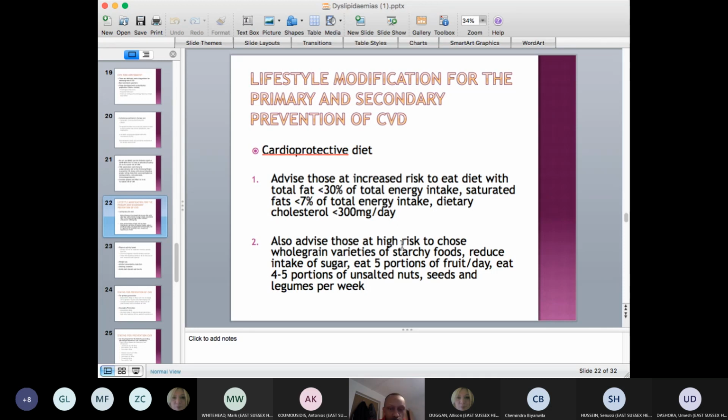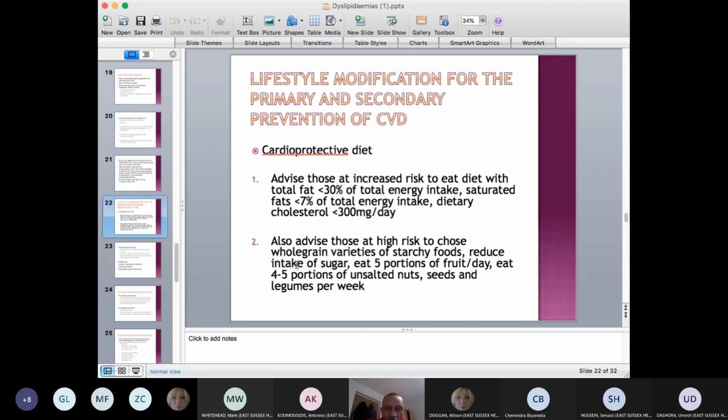You also advise an increased intake of whole grain varieties like starchy foods, reduced sugar intake, 5 portions of fruit per day, and 4 to 5 portions of unsalted nuts, seeds, and legumes per week.